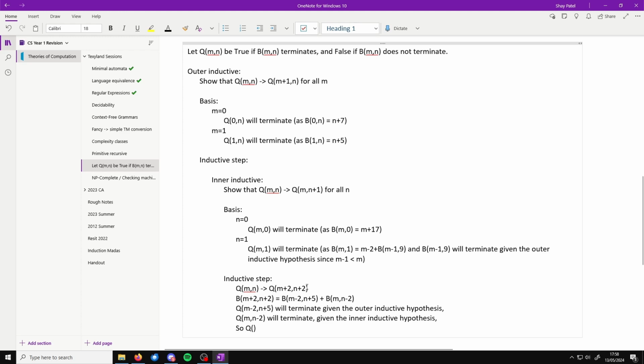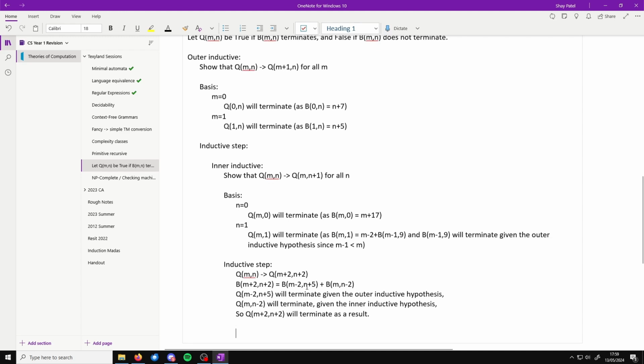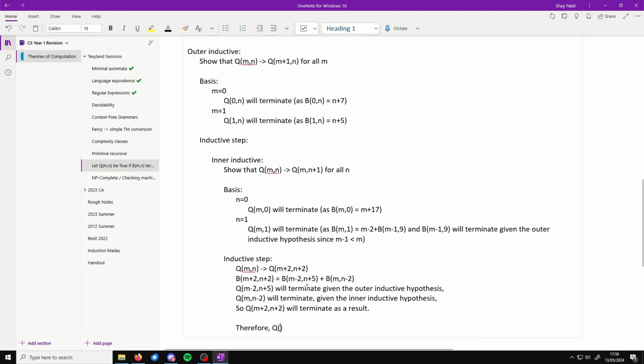So Q m plus 2 n plus 2 will terminate as a result. I believe that is what we reach, and therefore Q m n holds for all m and n.